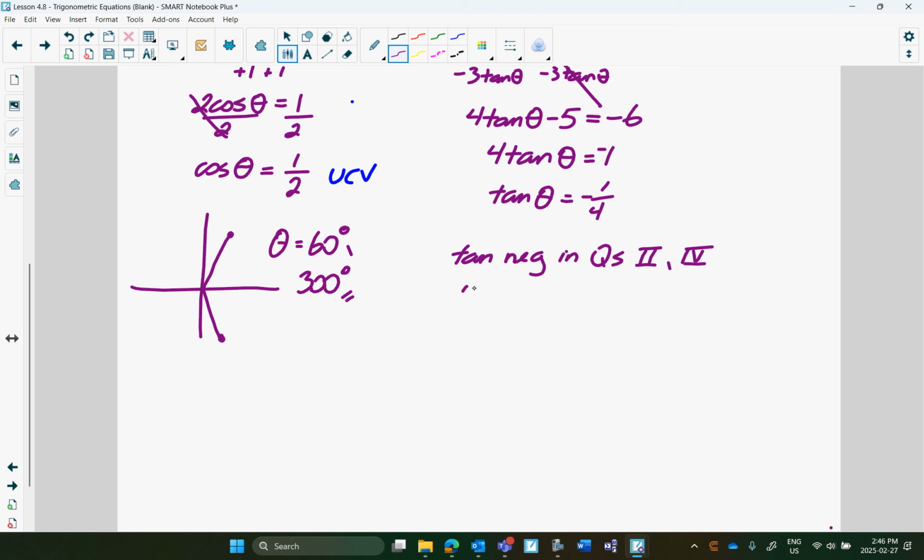Reference angle now. How do I find a reference angle? Tan inverse of +1/4. And then that's when your calculator comes into play. And you should get 14.036 degrees for your reference angle. Is it tan inverse of negative? No, always positive.